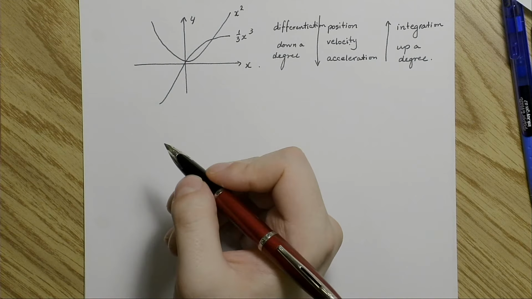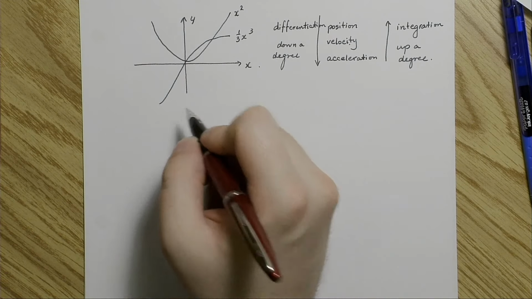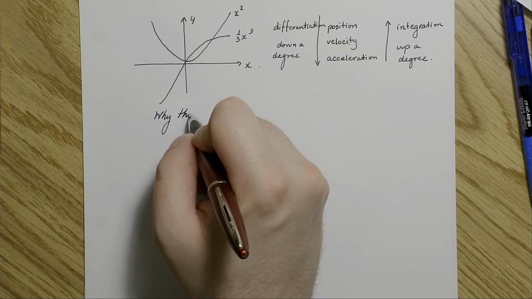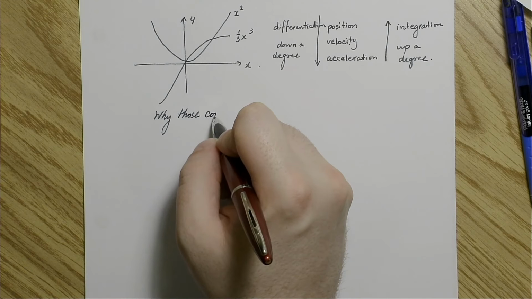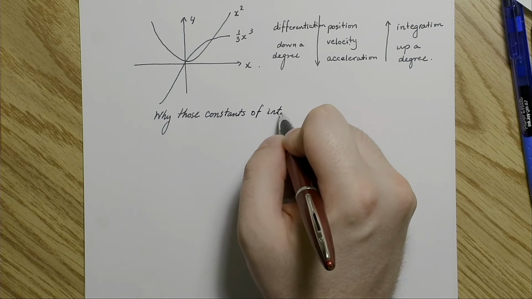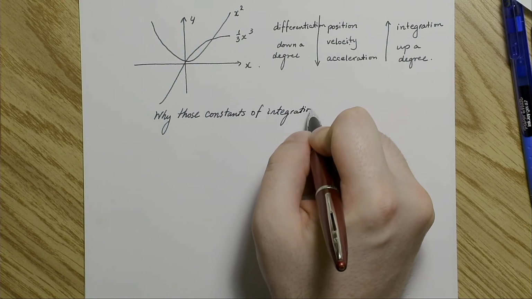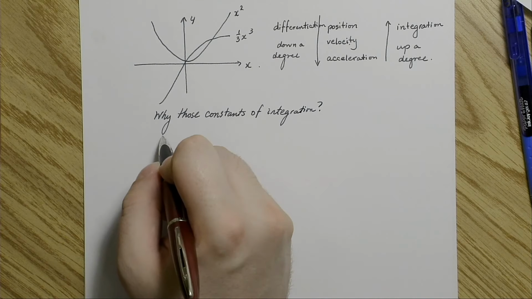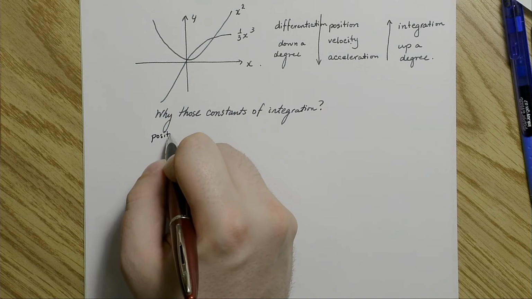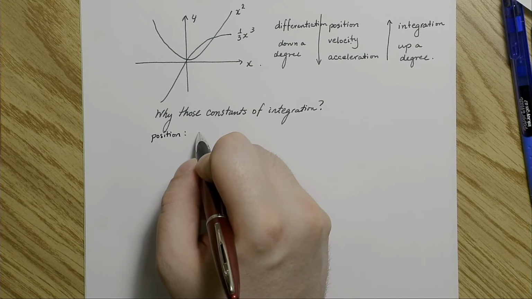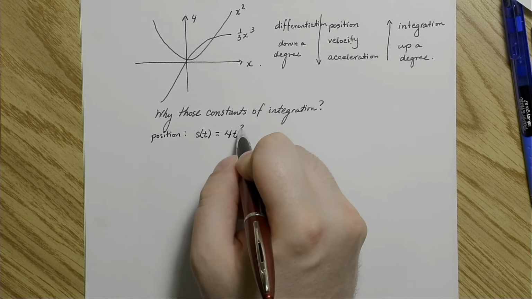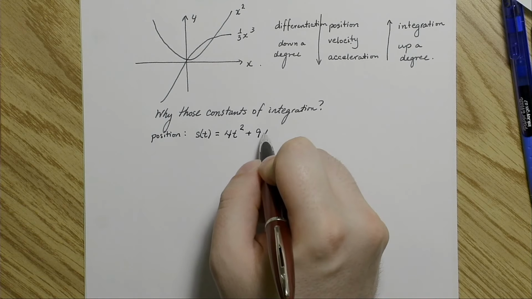So I have to illustrate why. You remember when we were talking about why those constants of integration. So for instance, if I had some position function, defined by s of t equals 4t squared plus 9t plus 10.